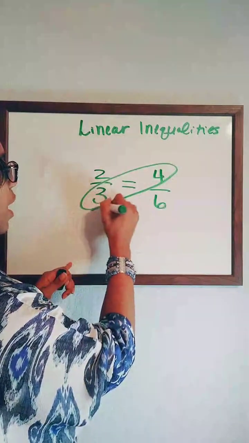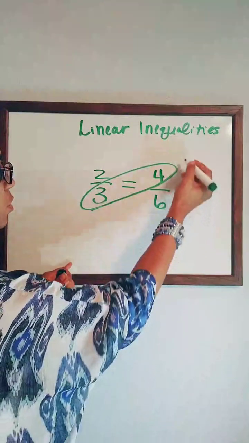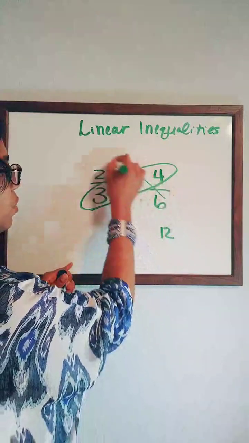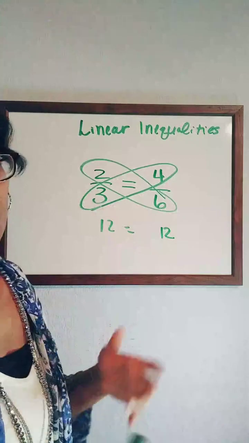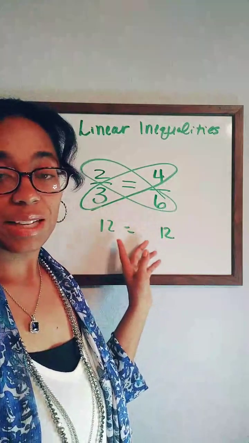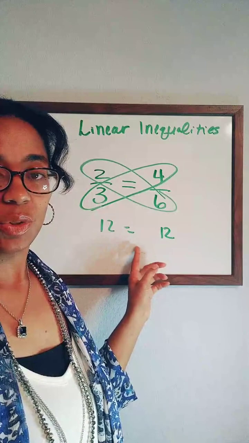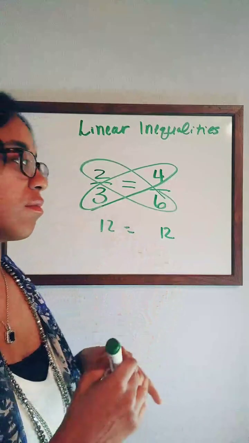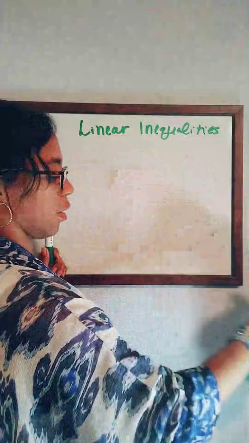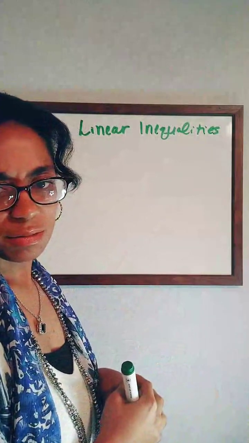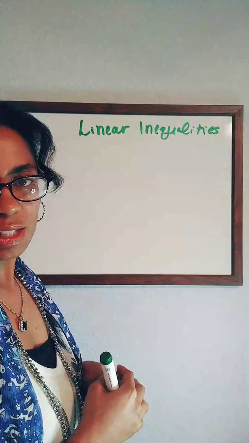Then you would do 4 times 3 is equal to 12. And then you do 6 times 2 is equal to 12. That's how you test if that's a proportion. But even if you had a proportion that was like this, is that what you're talking about? Raha, is that what you meant?